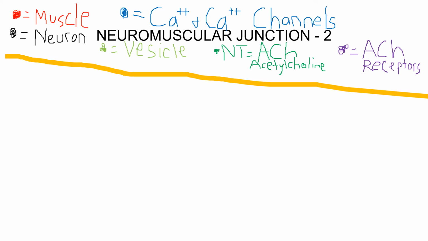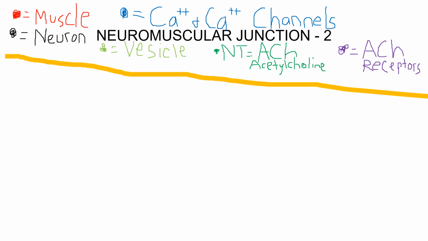It's really hard to do this with a laptop mouse, but that's actually pretty good for me. I'm going to draw a bunch of these different colors, and these colors are going to represent the different structures above. Anything in red is going to be the muscle. In black is going to be the neuron or the nerve cell. We're going to have some calcium-related things in blue, and you can read the rest, and I'll introduce those as we're drawing them.